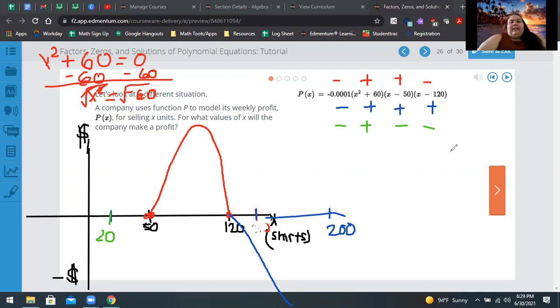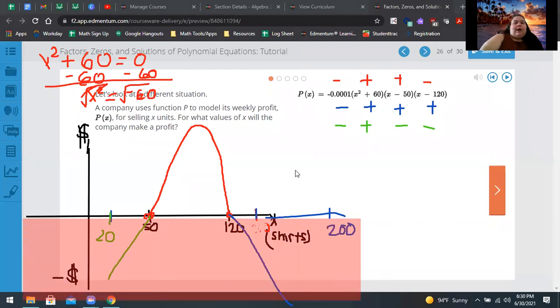So negative and positive is a negative, times a negative is a positive, times a negative. Oh wait, hold on. That's negative, positive, negative, negative. That is also down below. Okay, so I have three different colors, but we do not want to be in this area. This is bad. We're not making any kind of money whatsoever.